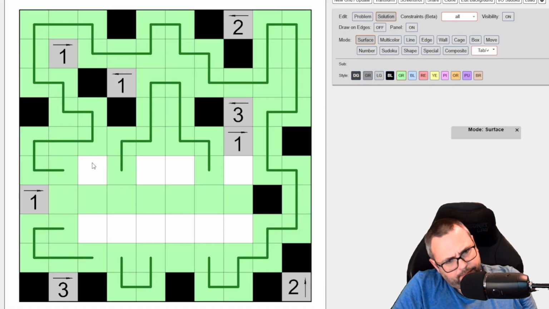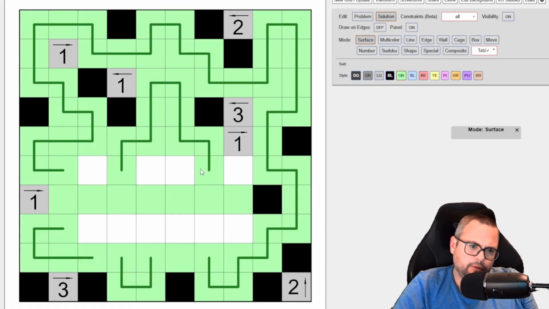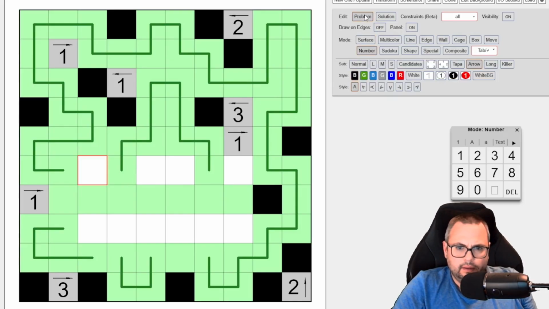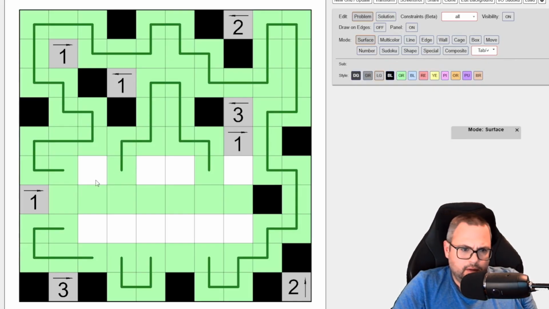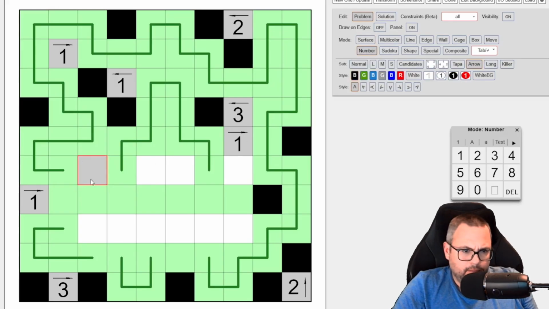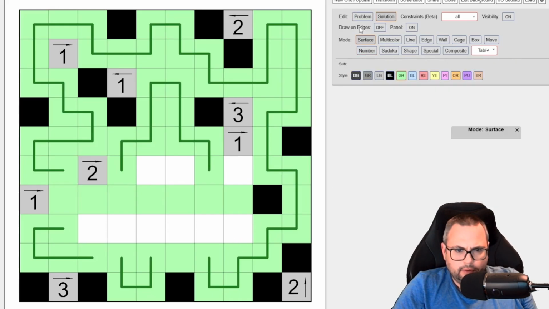I bet if I put a 2 clue pointing this way, that will do a lot. Because the thing we know about the 2 clue is we can't shade both of those.